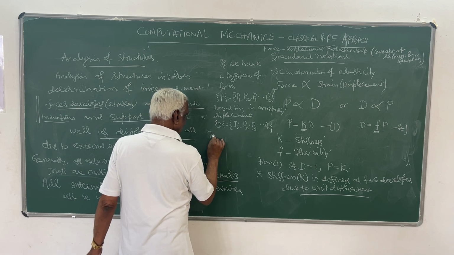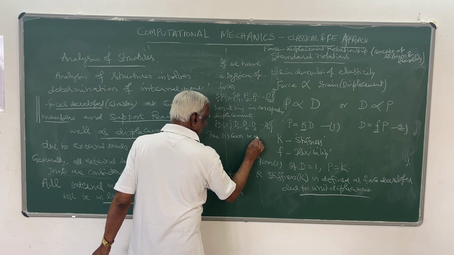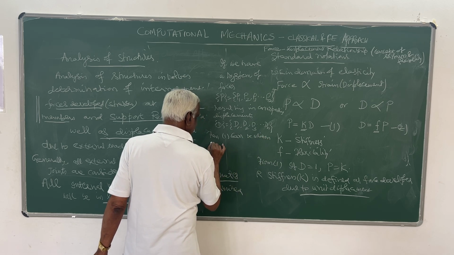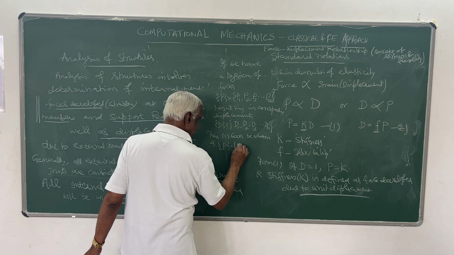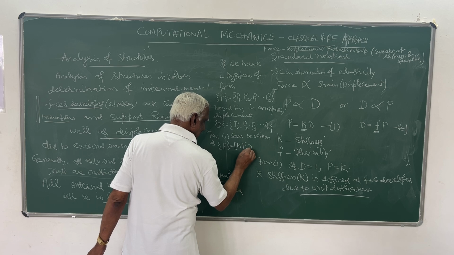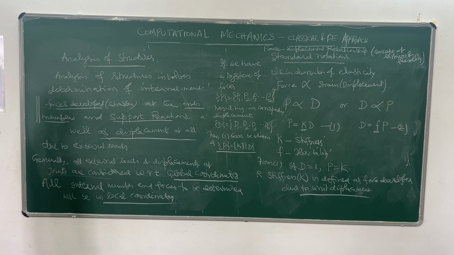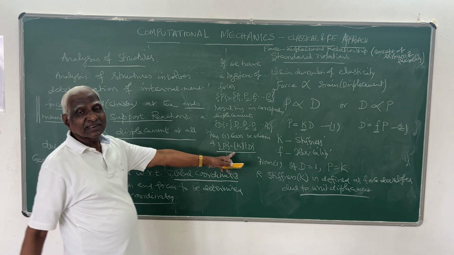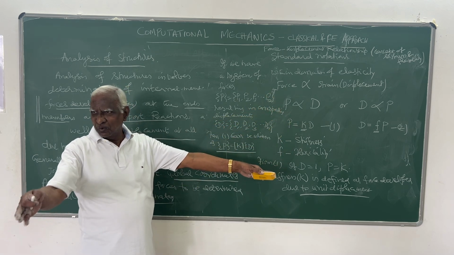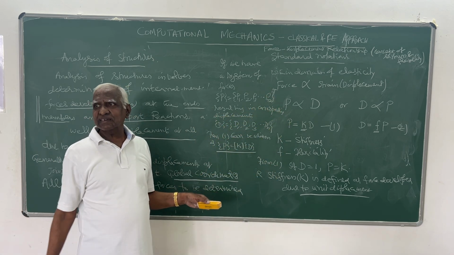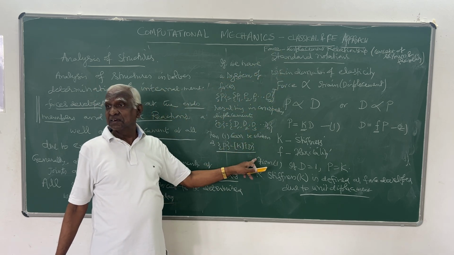Then one can be written as P is equal to K D, where K is called stiffness matrix. Likewise flexibility, but we talk about now only the stiffness method, direct stiffness method. That is the relationship between force and displacement.